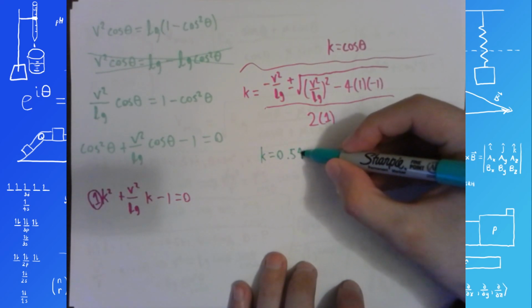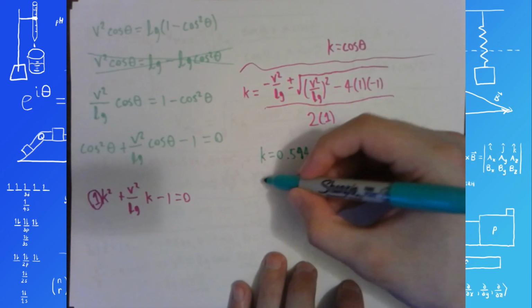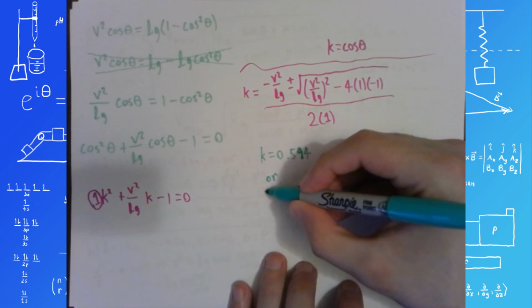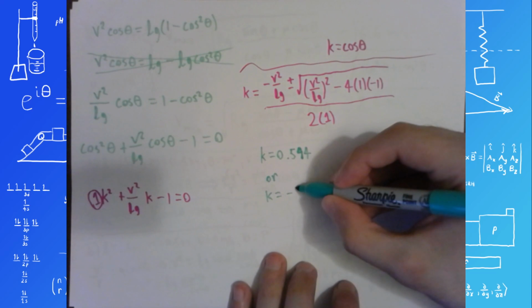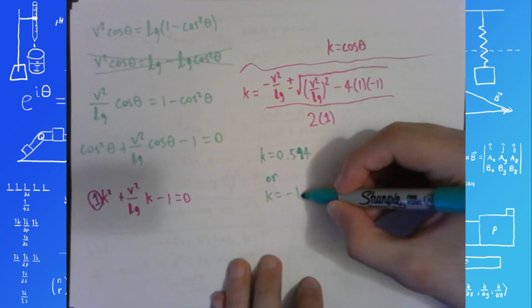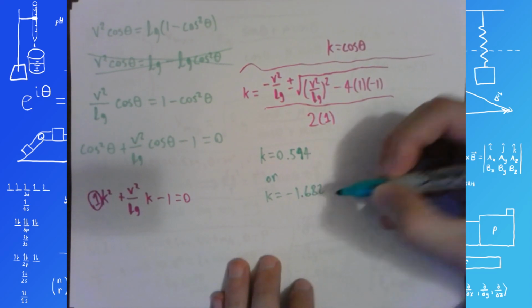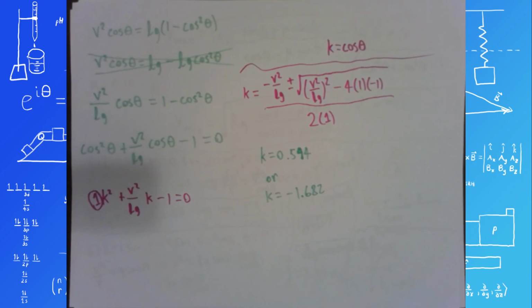So I'm getting k equals 0.594, or k equals negative 1.682. I can eliminate one of these right off the bat. Which one is it?